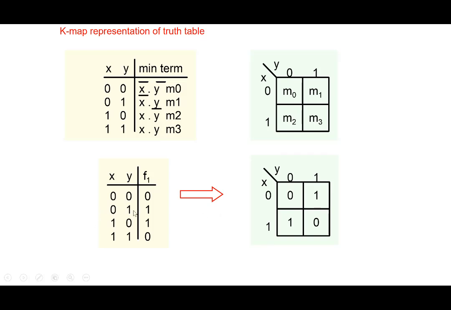When x is 0 and y is 1, it is this particular box here, and the output is 1. So we put a 1 here. And similarly, when x is 1 and y is 0, the value of the function is 1 here. And when x is 1 and y is 1, the value of the function is 0 here. Right? So it's the same truth table, but we represent it in this matrix form here. And we'll see that this particular representation will help us in minimization.